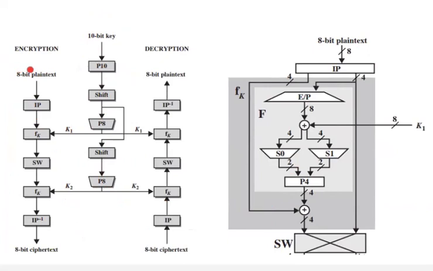Looking at the diagram, you will see that the initial 8 bits of plain text we will be inputting, and then we will have the IP inverse of the same. IP is nothing but the permutation operation, and that sequence is already defined, which we just have to use. Next you will find something like f of k.